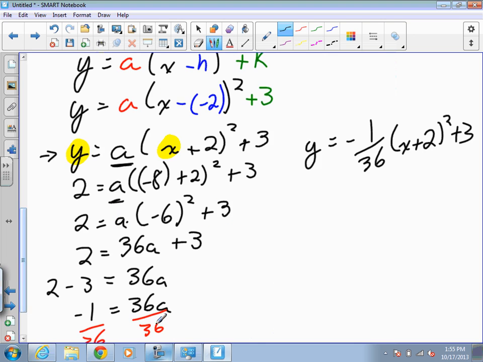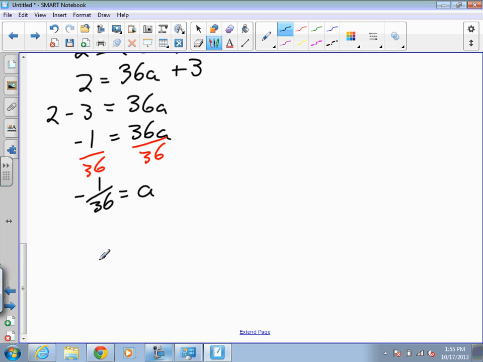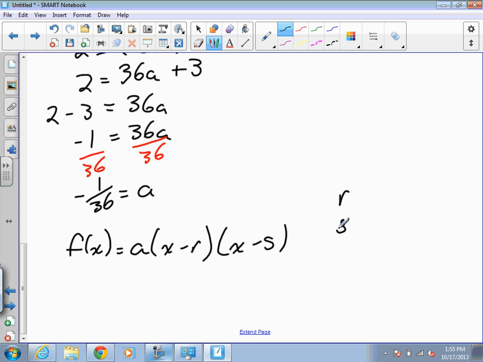So our factored form, if you remember, is f of x, or y, is equal to a times x minus r, x minus s. And our r and s were at a value of 2 and a value of negative 8. So we're going to take these values and replace our r and s. And it didn't matter which represented which one. Okay? So f of x or y, I'm going to write it as y this time, both meaning the same thing.